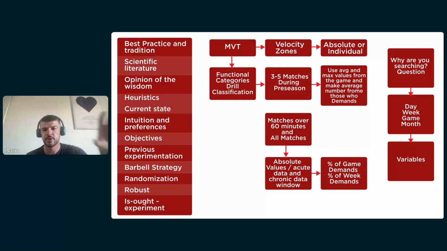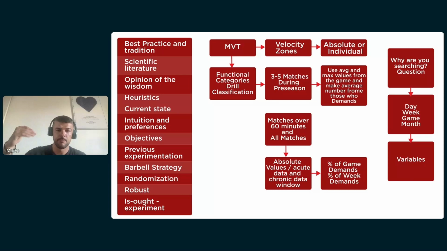No, Alexander should stay closer to 500 and Ivica closer to 300, because this is what they will be doing in games. This is how I compare the training session data and game data with his game profile. I took 3 to 5 matches during the preseason. I use average values and maximum values from the games. Now focus on this one. I combine those two to get the average of the two. Like this, I have slightly above average, because I don't want to train average players.